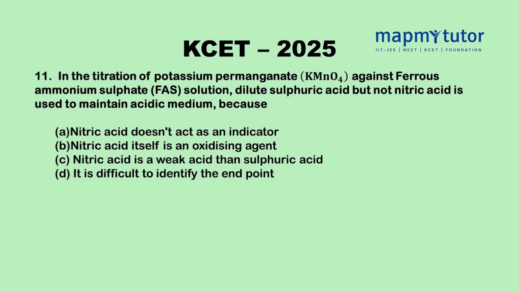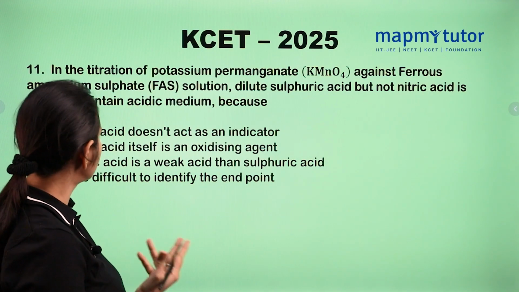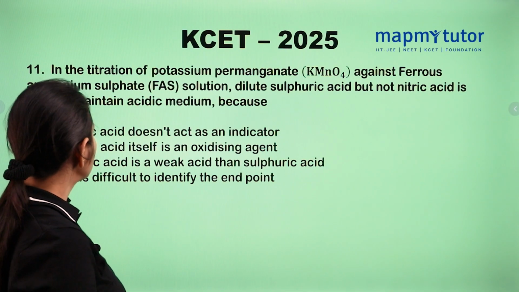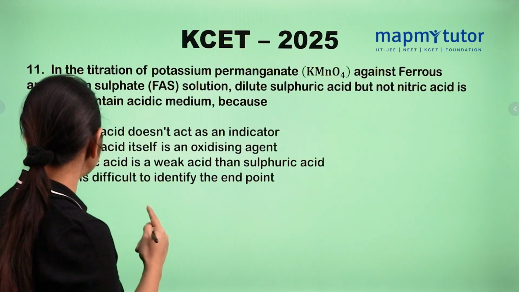In the titration of potassium permanganate against ferrous ammonium sulfate solution, dilute sulfuric acid is used but not nitric acid to maintain the acidic medium. What is the reason behind this? Let's see the options. Nitric acid does not act as an indicator. Nitric acid itself is an oxidizing agent. This is very right.